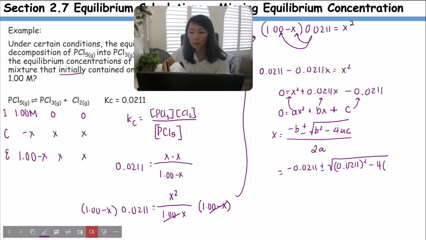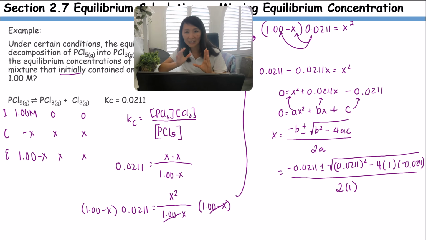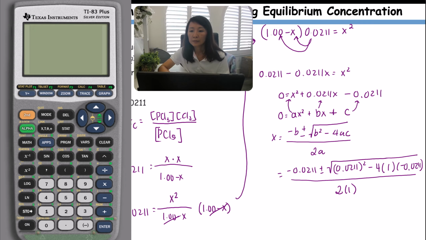What is a? Well, in front of the x squared is actually 1. There is a 1 there, but it's not showing, so it's 1. And then c is negative 0.0211, all over 2a. What is a? Again, it is 1.